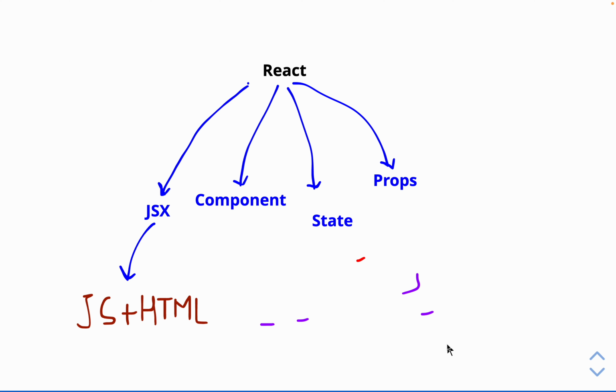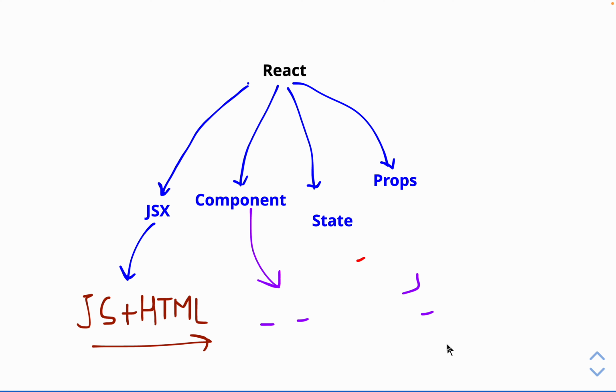For example, I have to return a paragraph, but before the paragraph I need to do some math calculation. I can do that because it is JavaScript plus some markup language. That becomes my JSX, right? You don't have to fully understand what JSX is, because we will be doing it in practical.